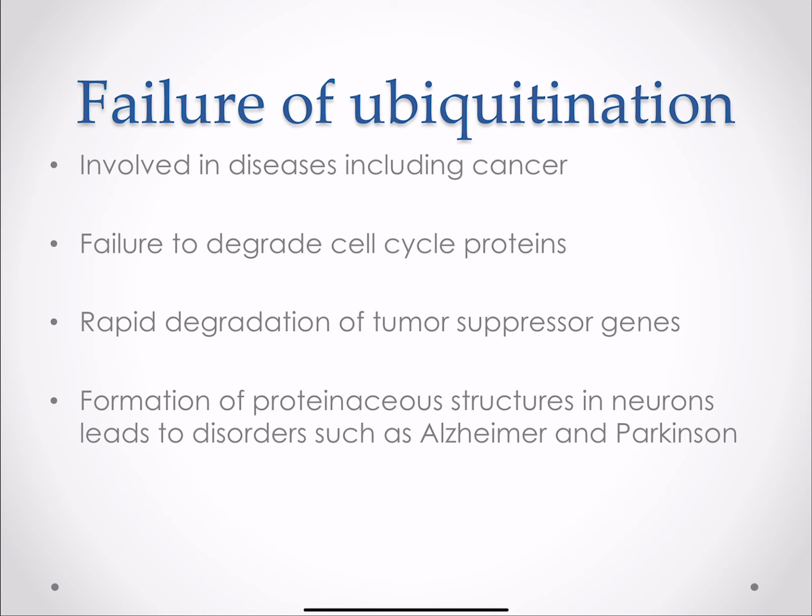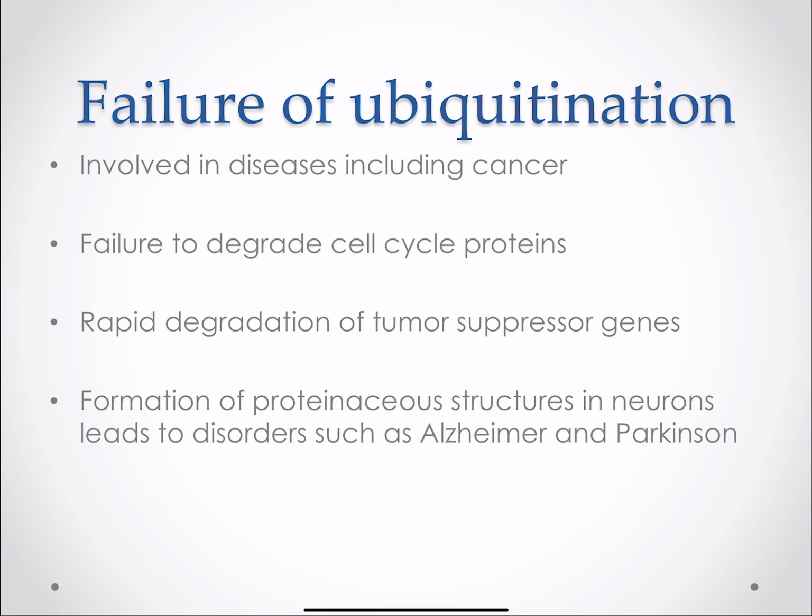So cancer, for example, cancer is overgrowth, so not being able to degrade proteins that are involved in growth, such as RAS, will potentially lead to cancers. Degrading cell cycle proteins, again, those that promote cell cycle, if you don't degrade them, you can lead to things like cancer again.